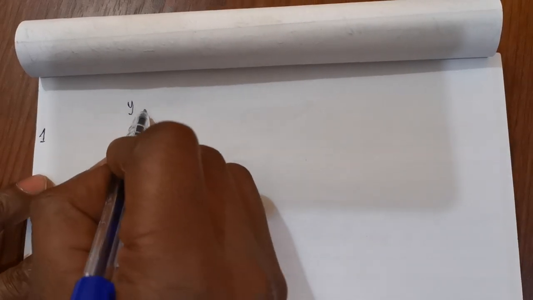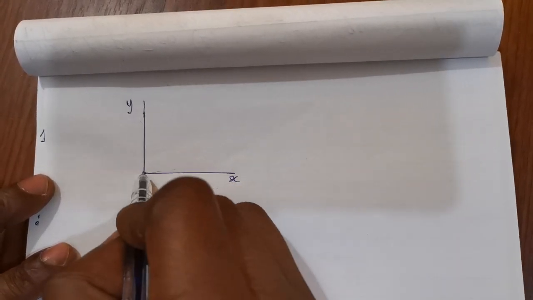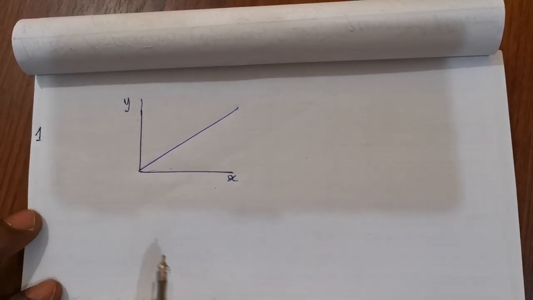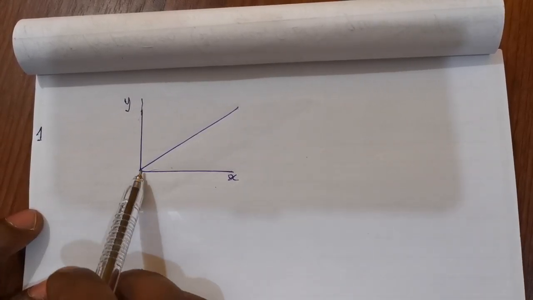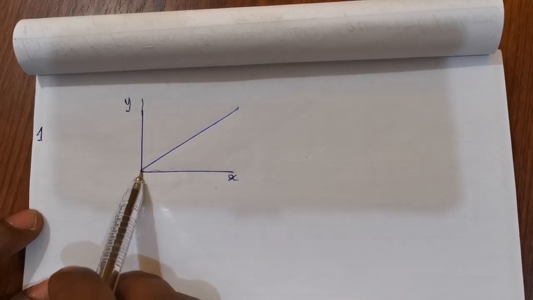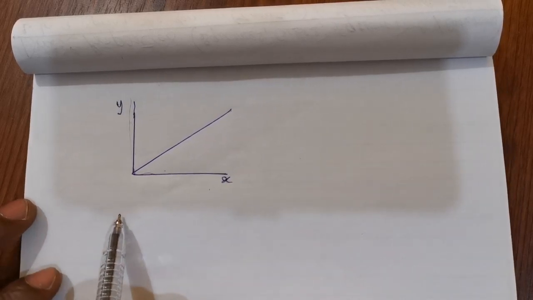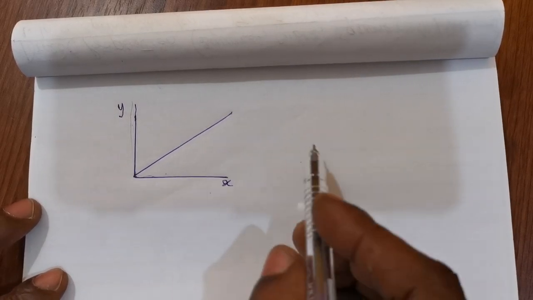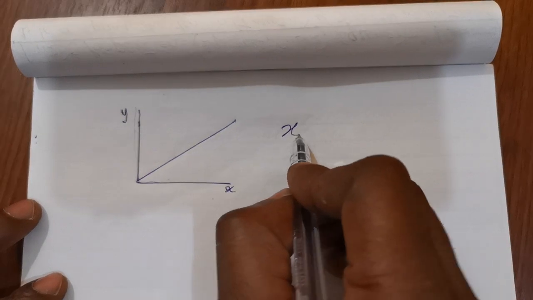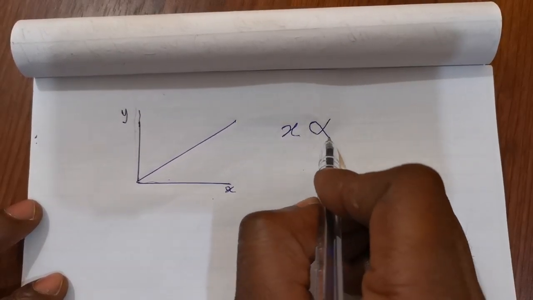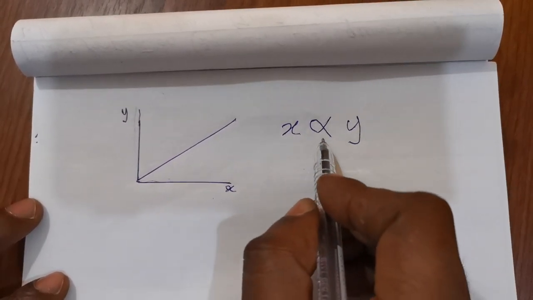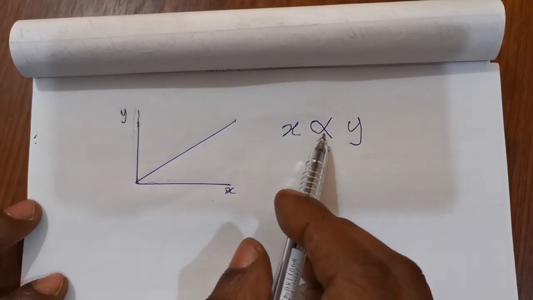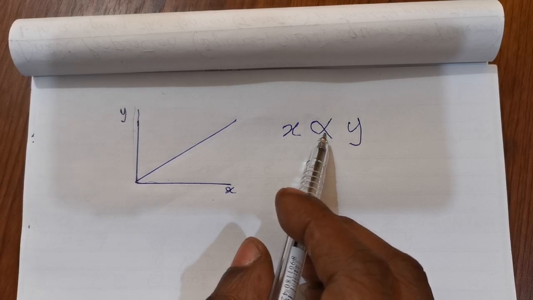If I have y here and x here, this is a graph of a direct proportion. That means as x is increasing, y also is increasing. So we say that x is directly proportional to y. This is the symbol of proportionality.